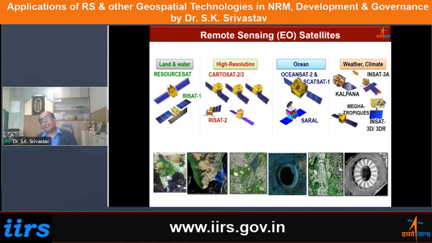Depending upon the need and requirement of the application, one has to choose the appropriate satellite, and within the appropriate satellite there are sensors, so the appropriate sensor data has to be selected and then used.